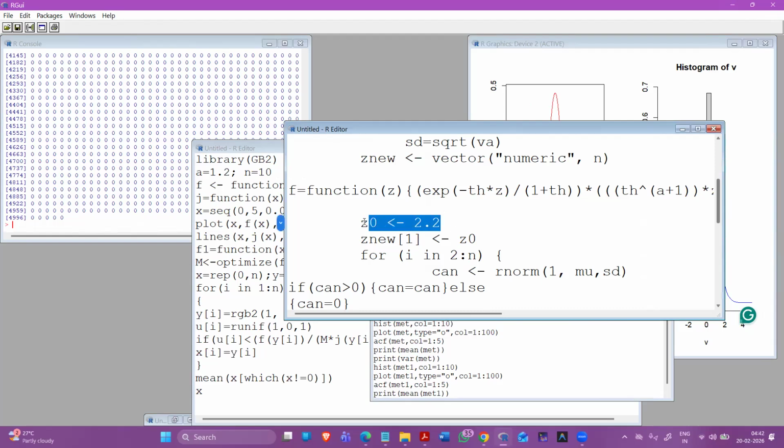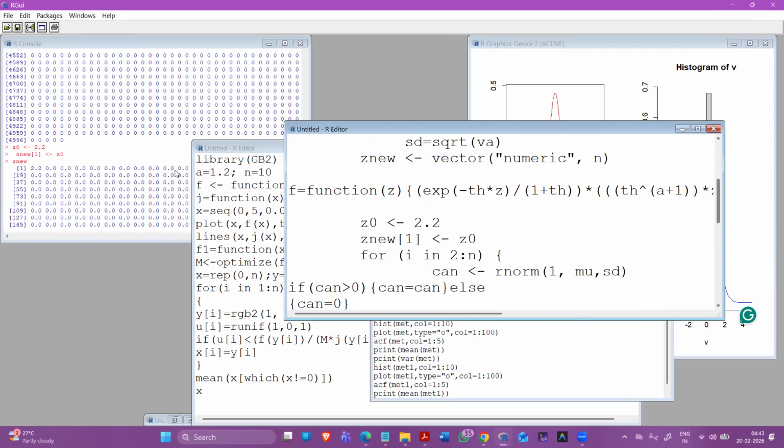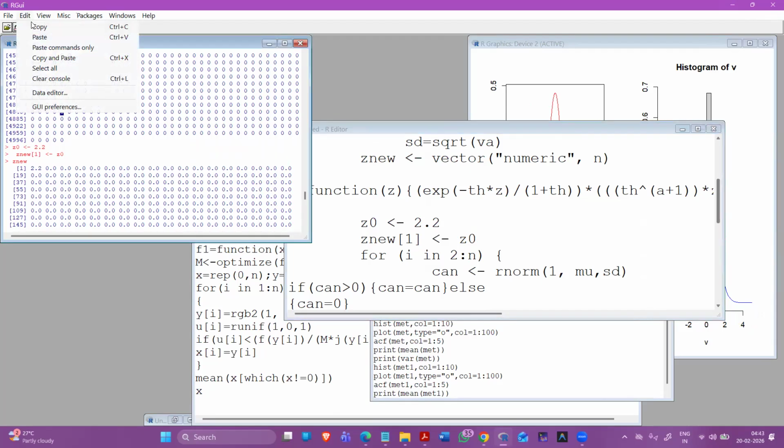After that, I'm going to introduce Z naught as 2.2 and store the value in the first place of my null vector of 5000 zeros. The first place should take 2.2. If you just see here now, it will be 2.2 and the others are 0. Okay, I should increase the size. Give me a second, sorry.